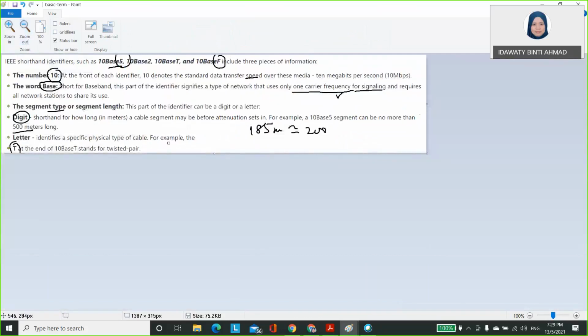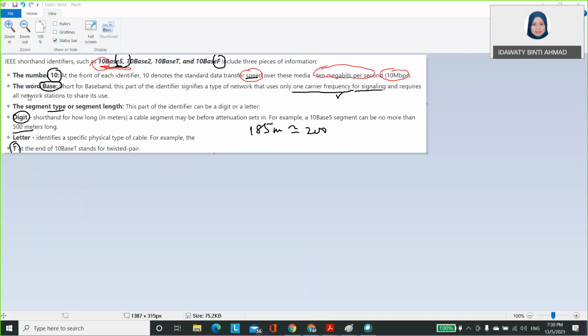So you can see here that if you have 10 base 5, for example, the 10 shows the speed. 10 means 10 megabit per second. And the next part you have base.